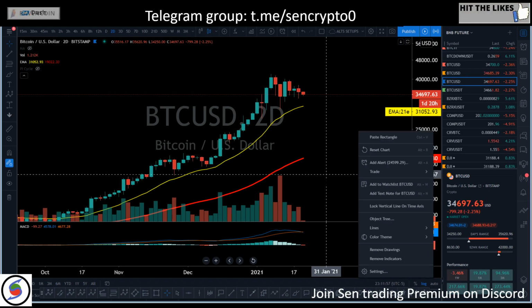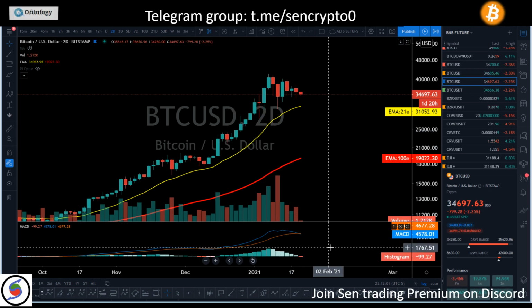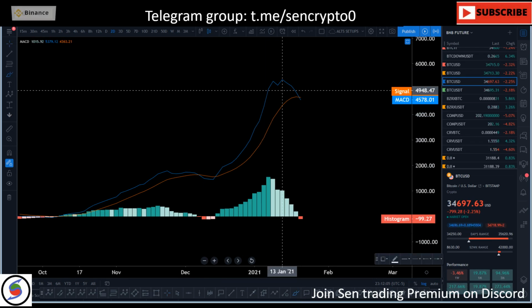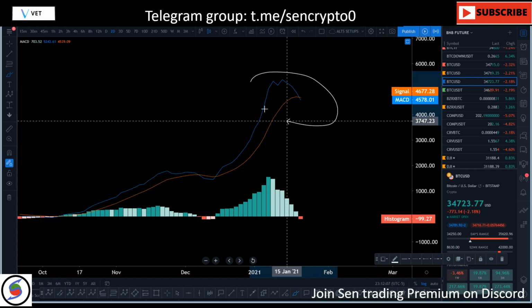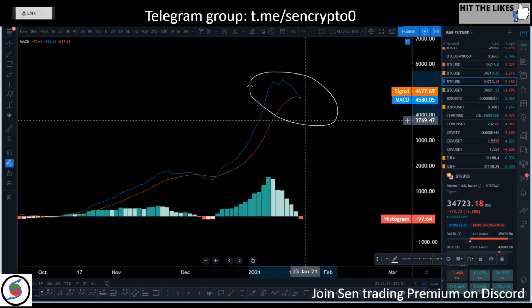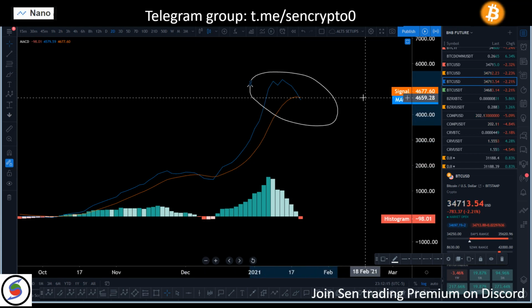Why is it partially bearish? If you take a look at your MACD, it is one of our leading indicators in terms of Bitcoin pumping and dumping. A bearish MACD on a 2-day basis has never been a good sign for BTC.